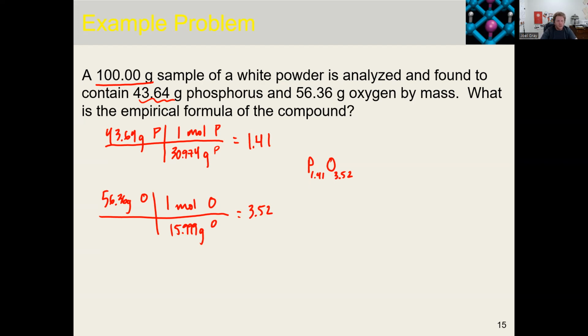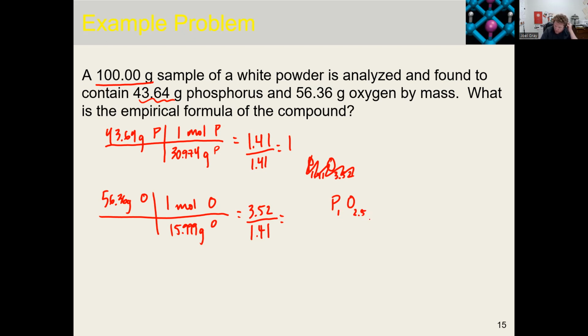So what we want to do is take the lowest number here, 1.41, and divide each one of these by 1.41. 1.41 divided by 1.41 is 1. 3.52 divided by 1.41 is 2.5. So essentially now we come up with a ratio that is P sub 1, O 2.5. Okay, those are much more favorable numbers.